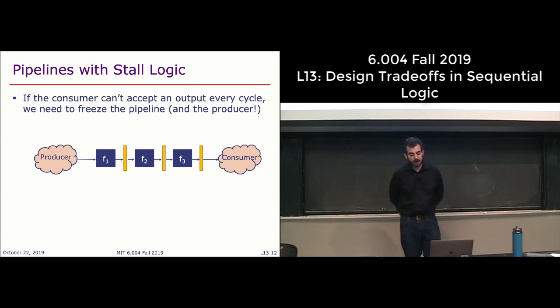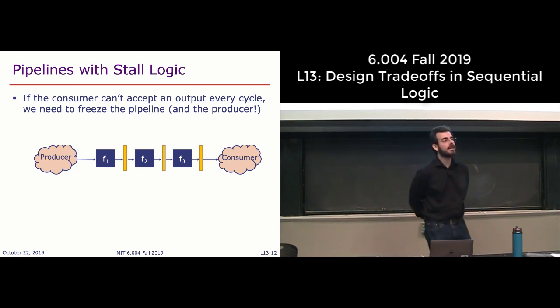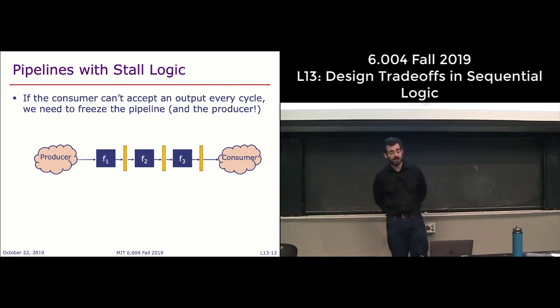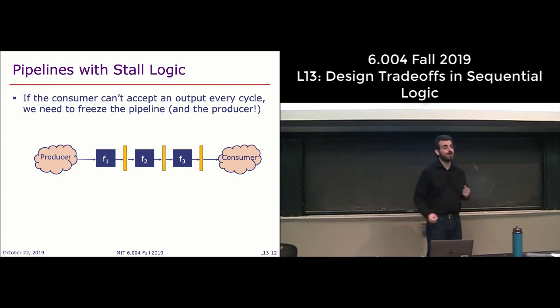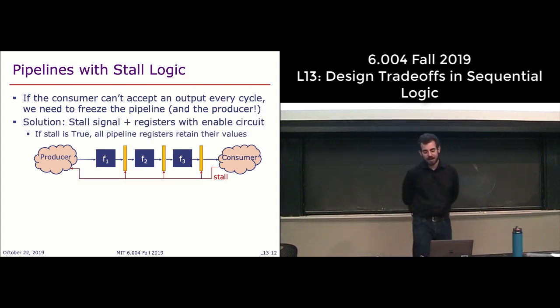Let's look at the other side of things. If the consumer cannot take the output every cycle, then we need to freeze the pipeline, and in fact we need to freeze the producer too, because the producer can't keep giving us inputs if we can't give any output. This is done with a single wire that we call stall, and then we're going to have registers with enables, or something very similar to an enable circuit.